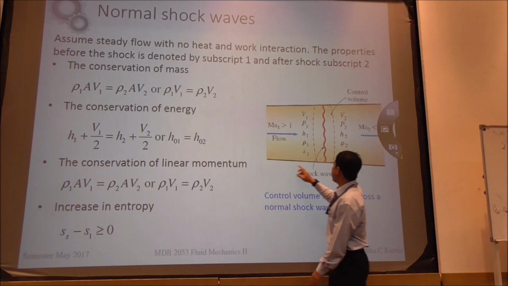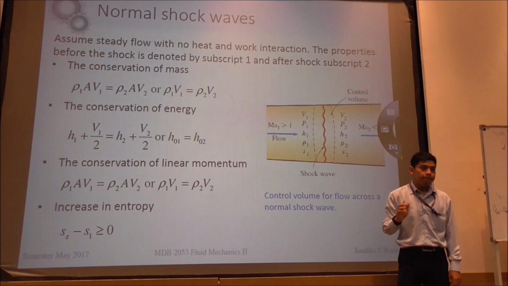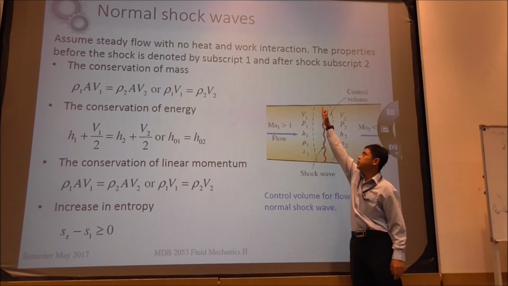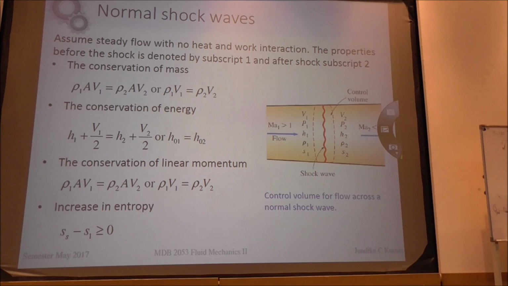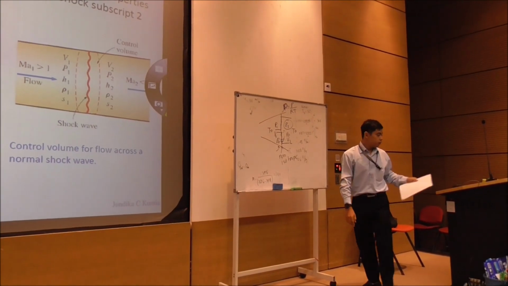Okay, and the area of point 1 and point 2 has to be the same because this one is just a thin layer. It's just as thin as this, so the area has to be constant because this is the condition just before and this is right after. Okay, it happened at the same area. That's why you got this story.